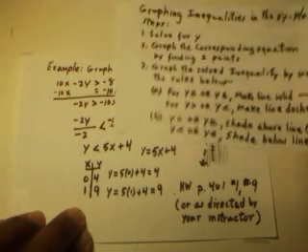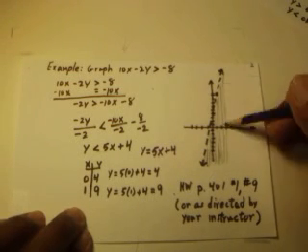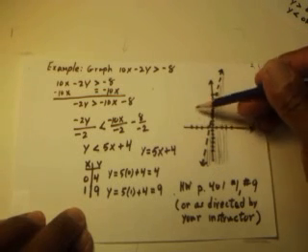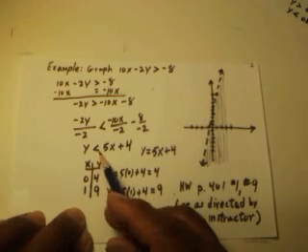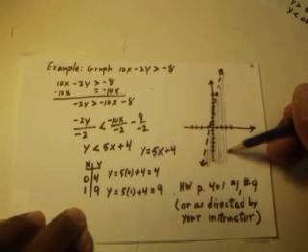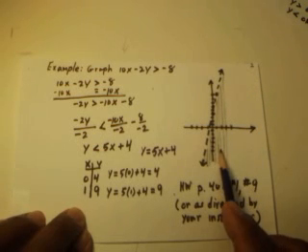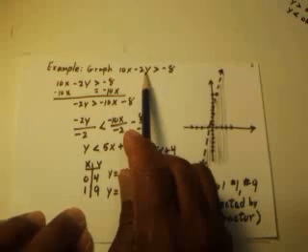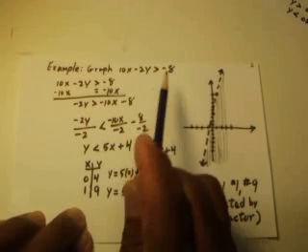So as you can see here, I have shaded below the line. I did not shade above the line because I had less than. So this, ladies and gentlemen, would be the graph of the inequality 10x minus 2y is greater than negative 8.